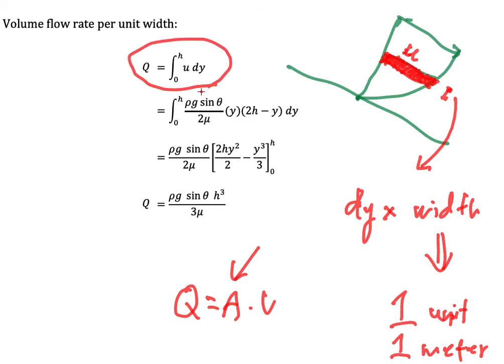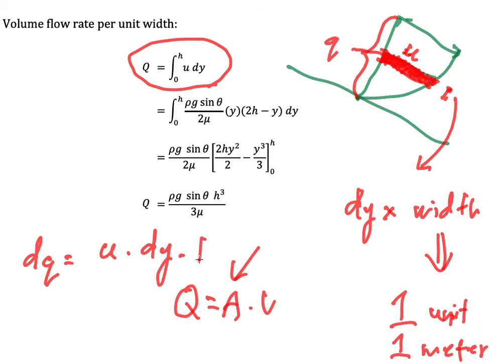So we calculate the flow rate at this one, the flow rate at the red shaded area here. Because this is just a small portion of the total flow rate that we have here, we could write dq is equal to u times dy times the width. Then how to get the total flow rate? We integrate both sides.